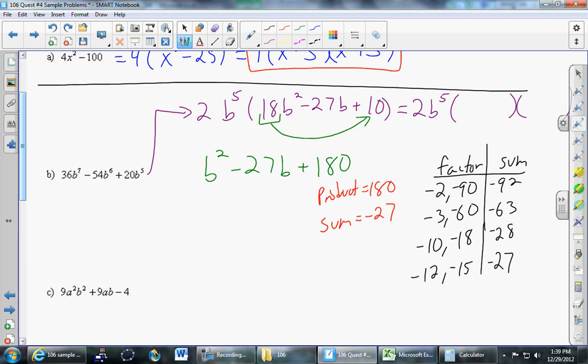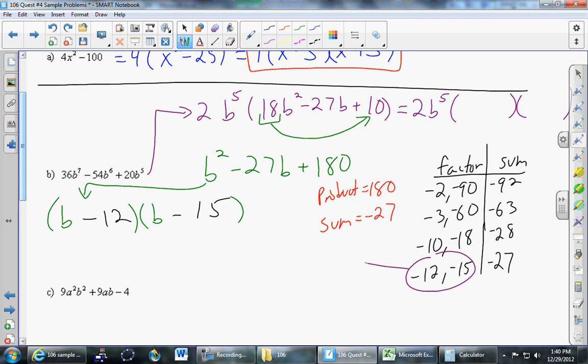So let's come back over here then and say this guy is equal to, we got b in front of both. We found out negative 12 and negative 15 were the winners. So that's from here. Okay, but this is funky factoring, so we have to pay for the fact that we moved the 18 from the beginning out of the way.